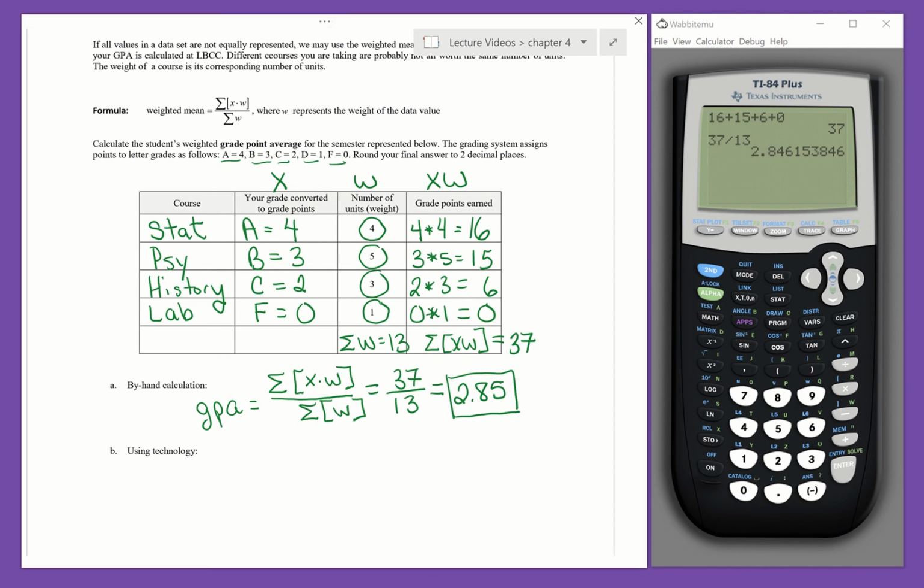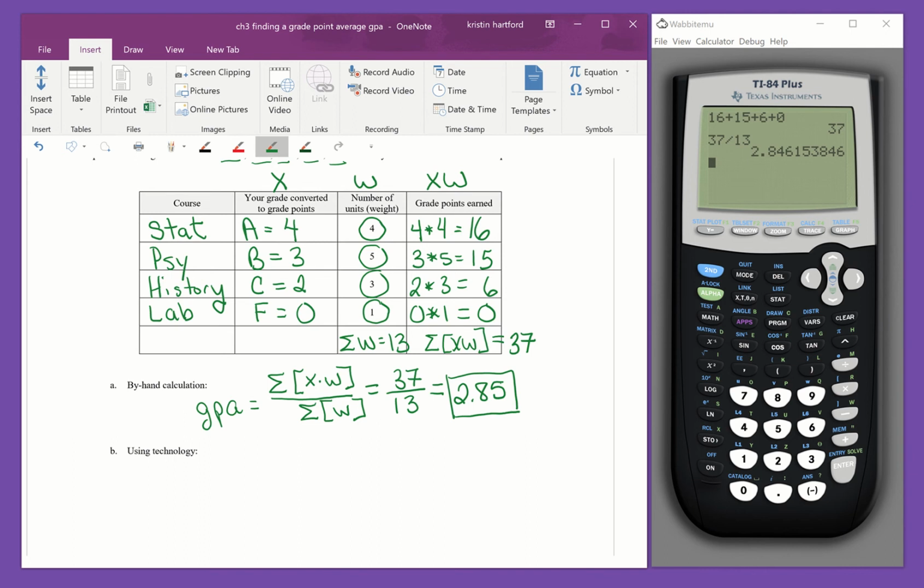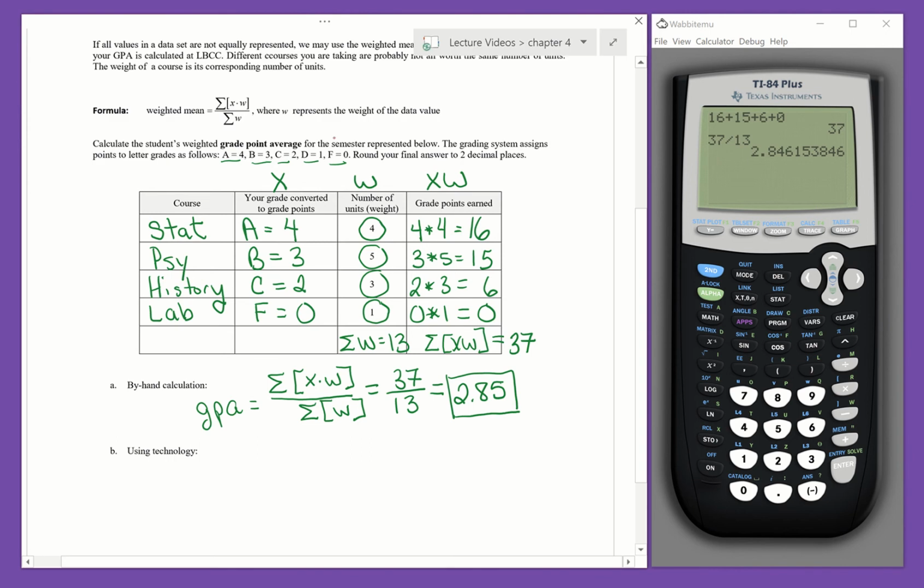If you would like to do this on your calculator, that is possible as well. So what we'll do is generally I like to put our data into list 1, and I'll put our weights into list 2. So the command on our calculator, it's called 1-bar stats. And because we have data and its weight, we need to tell the calculator where we put our data, and then we'll do a comma to tell it where we put our weight.